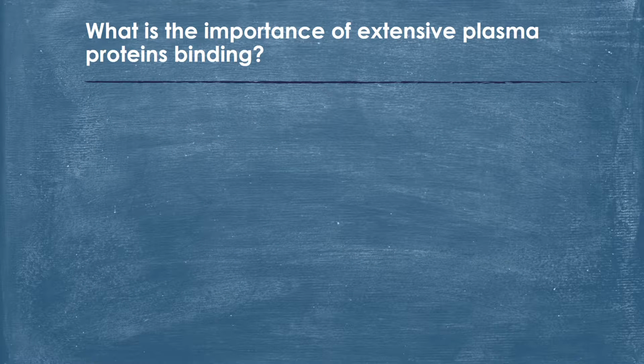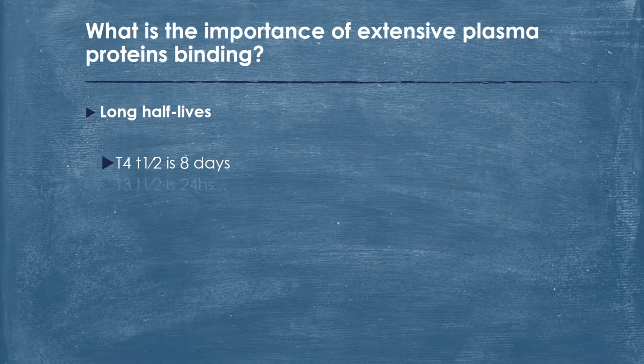What is the importance of extensive plasma binding proteins? The first one is that this will make long half-lives. The T4 half-life is 8 days, and T3 is 24 hours.